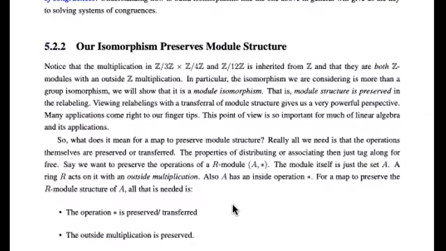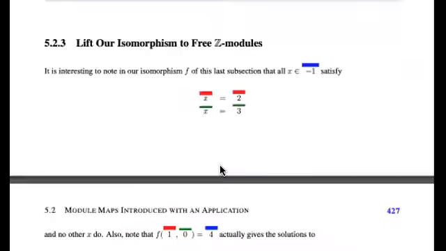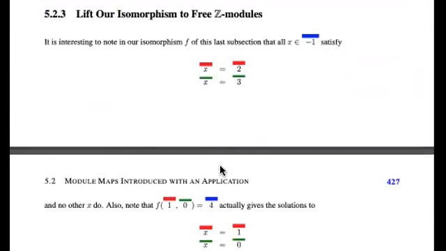In the last subsection, we talked about how this isomorphism was really an R module isomorphism. And now we're going to study what this isomorphism looks like in another sense when it's lifted to what's called a free Z module.